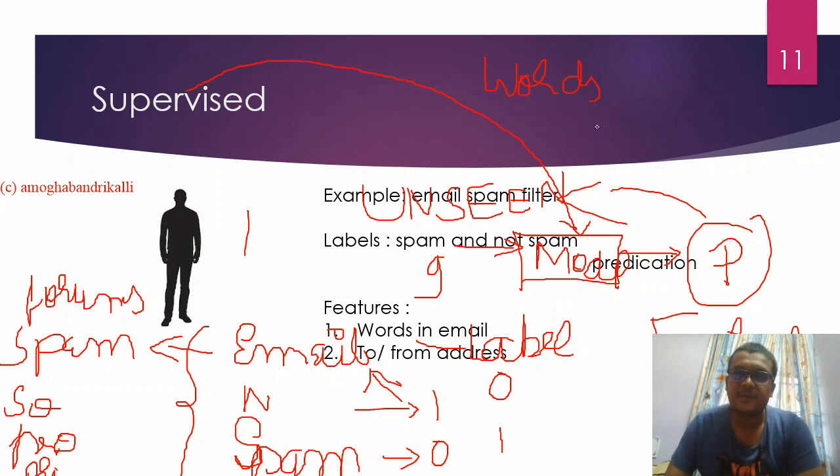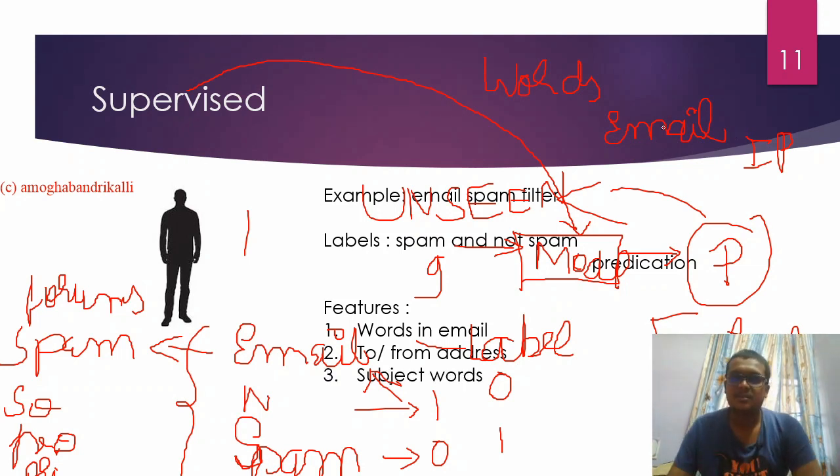The next feature is where the mail came from, which email ID, and whether it came from a specific IP which has been marked as spam earlier. The next one is the subject line, what the person has written in the mail. So these can be the features.